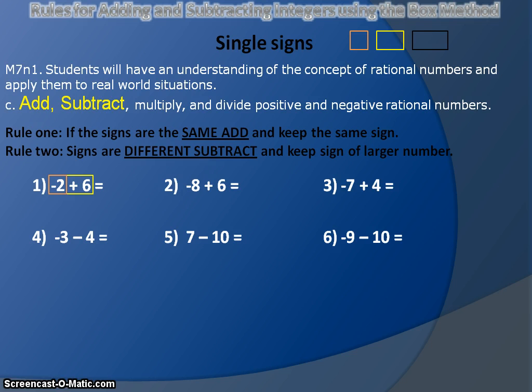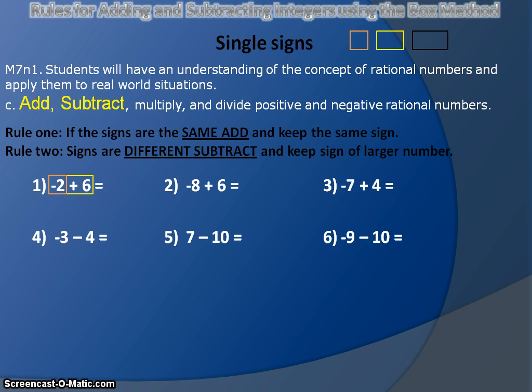So now we go back and look at our rules. Our first rule says if the signs are the same, we add. Well, in this case, our signs are not the same. We have a -2 and a +6. So they're different, which is rule 2. Signs are different, you subtract, and then keep the sign of the larger number.